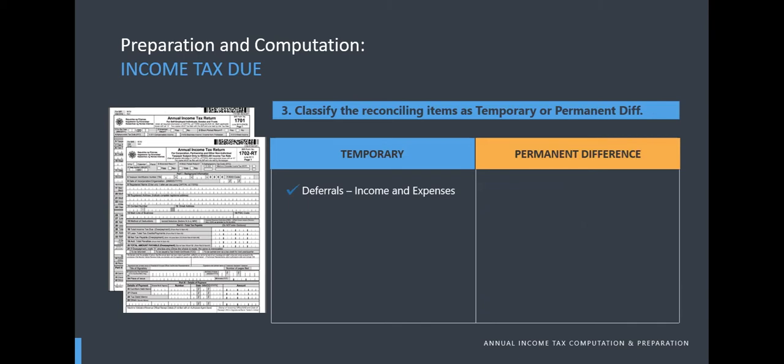Those that are prepaid. So prepaid rent, prepaid insurance, prepaid taxes. So overpayment of taxes are considered as deferrals, so that a taxpayer may carry over and use in the future as tax deductible.